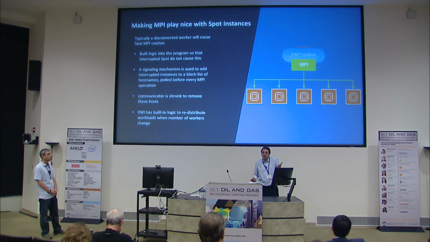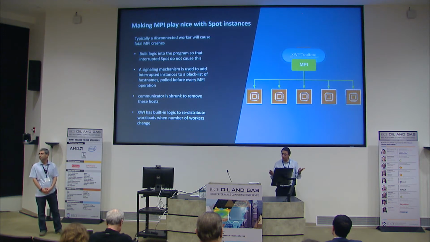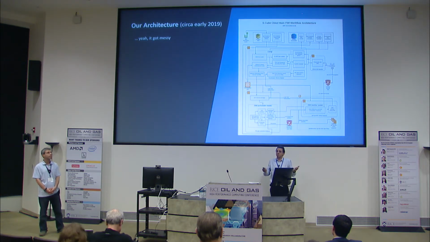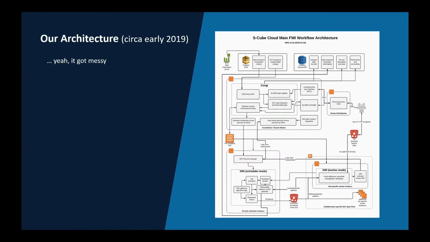And of course, in the meantime, they built the logic to redistribute jobs. If a node gets reclaimed, you have the ability to get the data and push it out again for the next node that becomes available. So that worked, and the initial successes were significant, and so was the feedback from the customer, which made their architecture even more complex, because there were more capabilities that the customer wanted, more functionality, and so on and so forth.